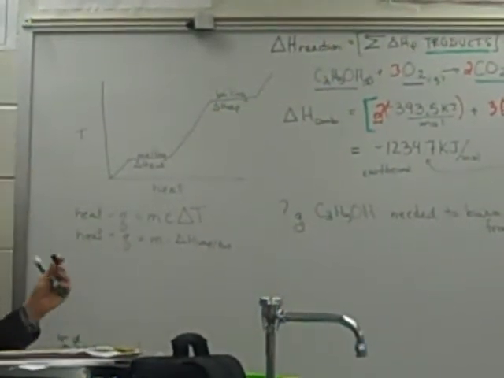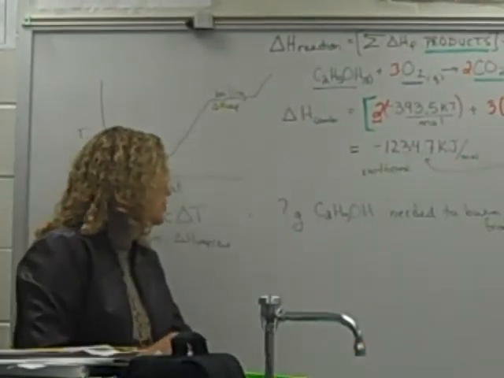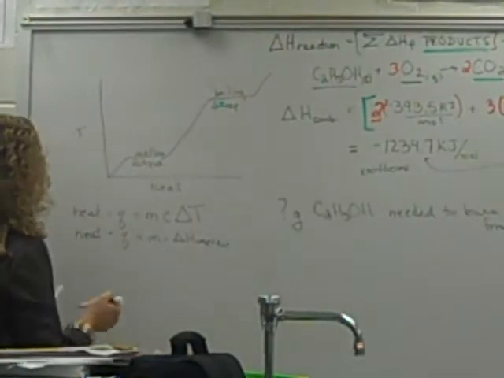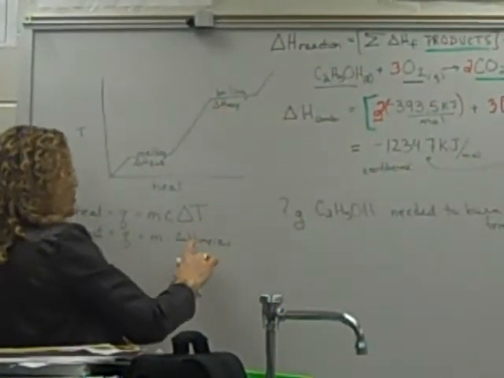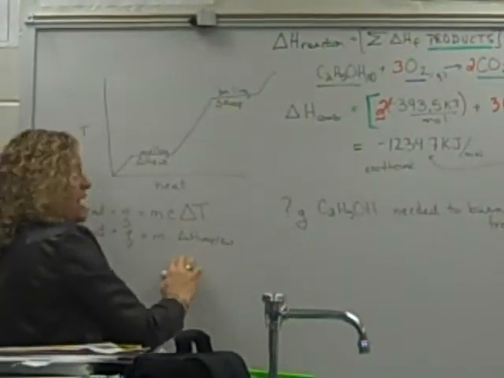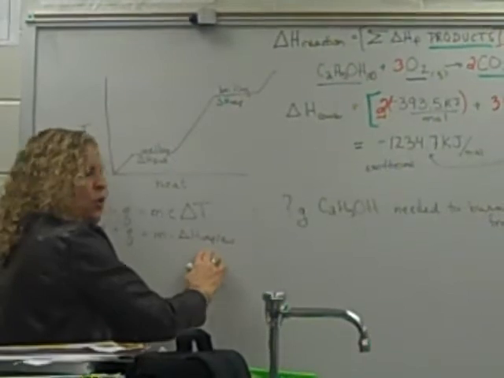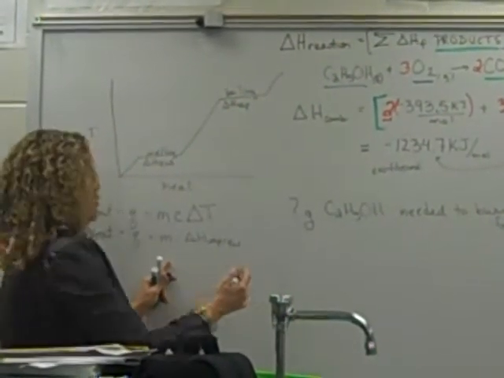Okay, now, I just want to talk in general real quick before we get into the real detail of the problem. Let's talk about this heat of vaporization. If we're going to take mass times heat of vaporization, what kind of value are we going to have for heat of vaporization?